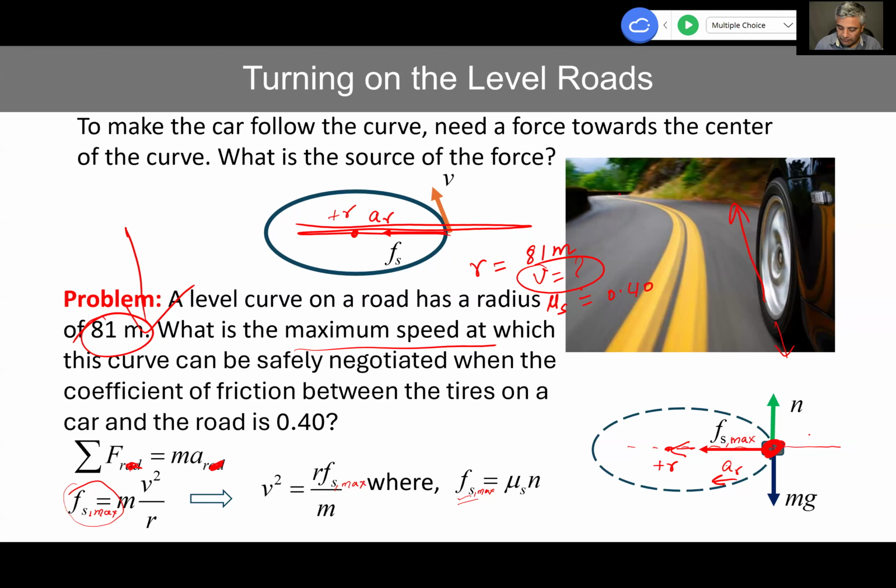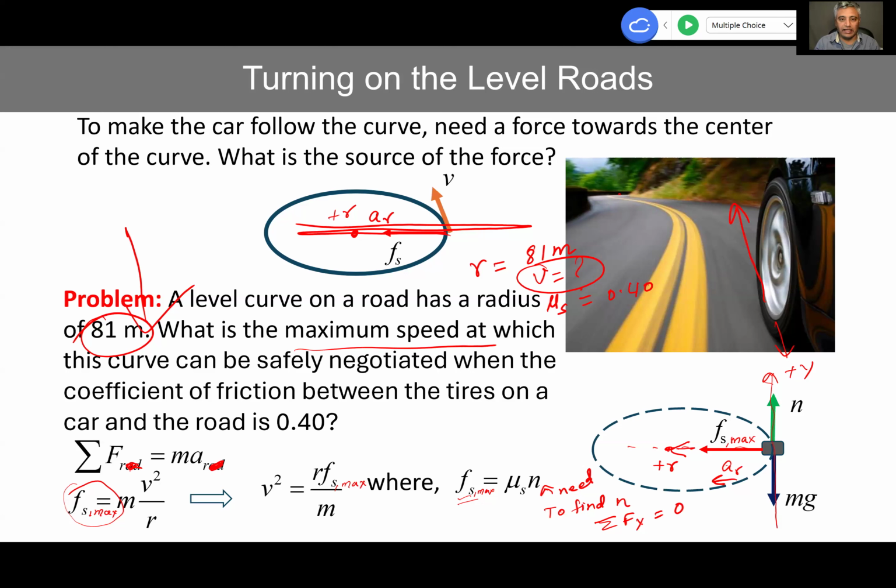So what is the normal force here? For that, we look at the vertical direction because normal is in the vertical direction in this case. To find N, we do the sum of forces along the y direction is 0 because there is no acceleration in the vertical direction.